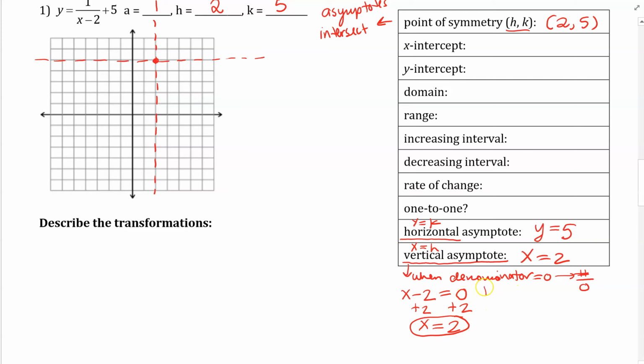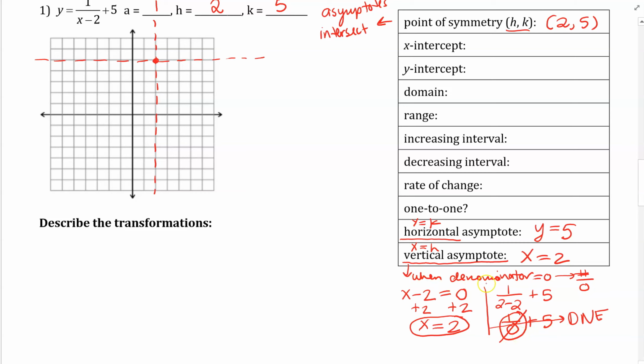If I plug 2 into this equation up here, I get 1 over 2 minus 2, plus 5. That turns into 1 over 0 plus 5. This value does not exist, therefore none of it exists. Again, it's because we were dividing by 0.